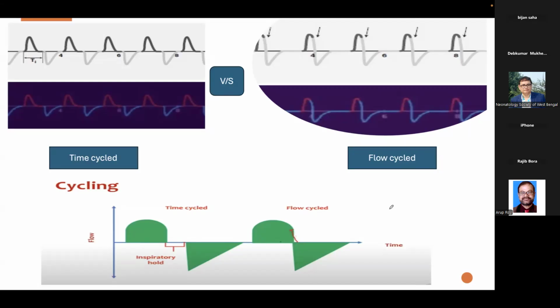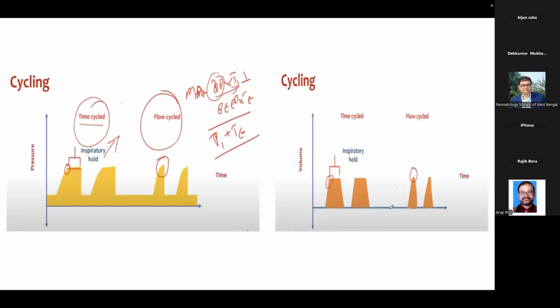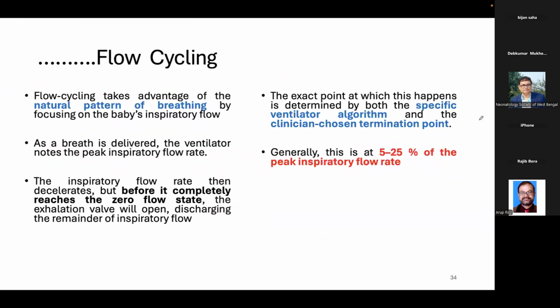That is how it can help in knowing the cycling mechanism that is going on. Not only the flow curves, even in your pressure curves and in your volume curves, if there is some sort of a hole like this, you know that probably this is time cycle, and if there is no hole, then probably this is flow cycle.